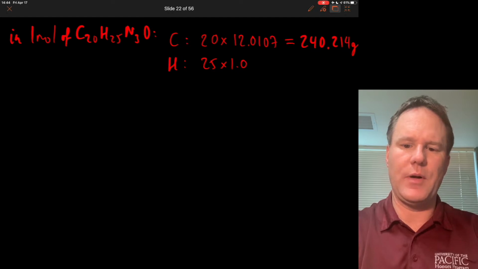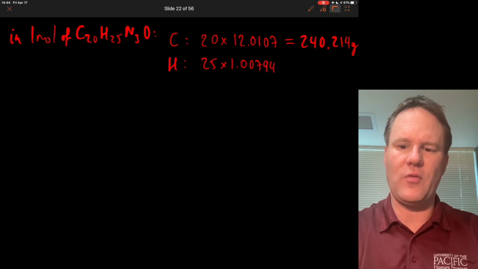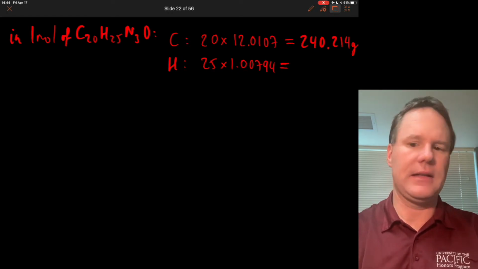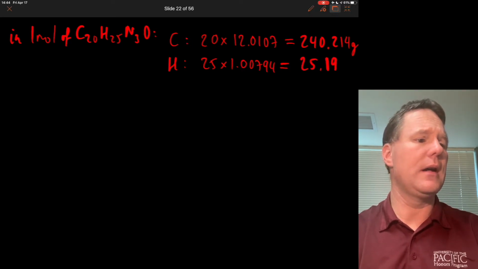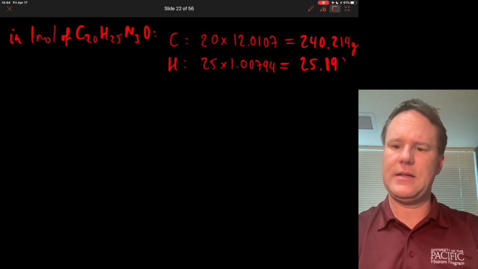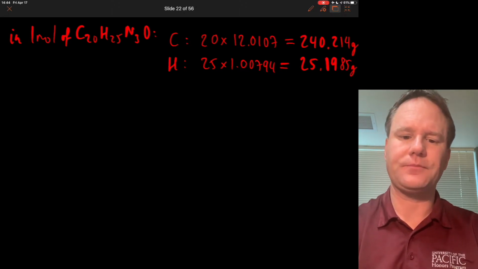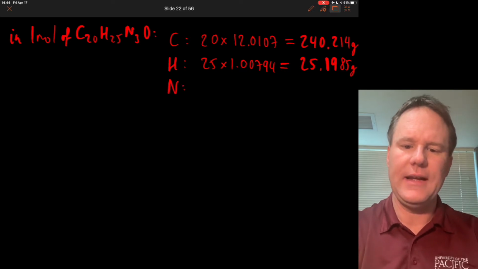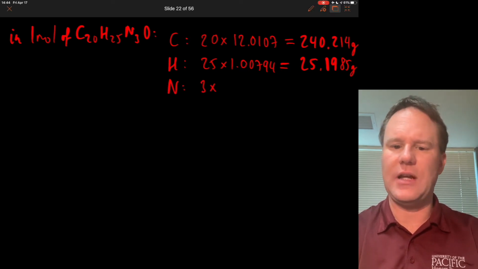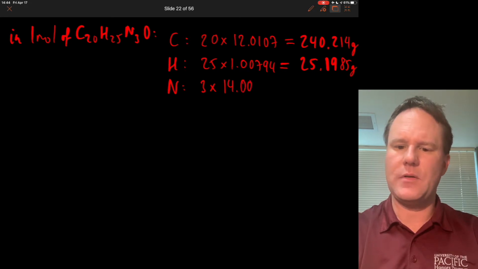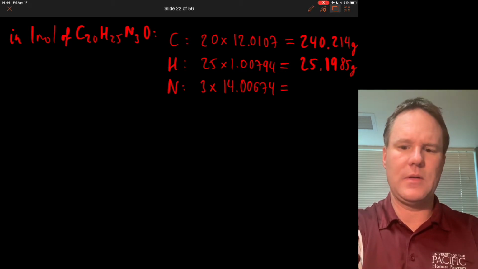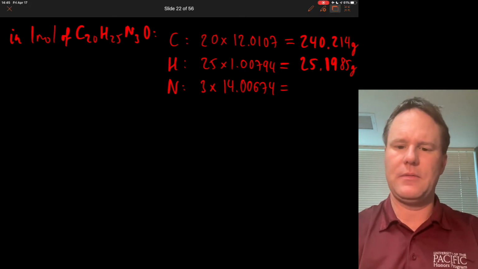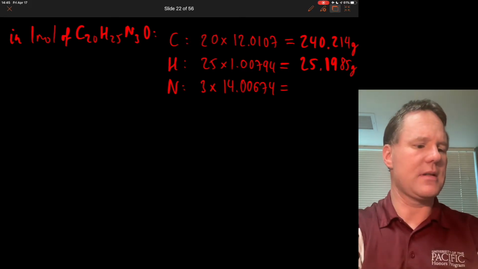Each one is 1.00794 grams, and so that adds up to 25.1985 grams. Next element is nitrogen. I have 3 nitrogens. Each nitrogen is 14.00674 grams. And so 3 times 14.00674, I definitely messed up something here.